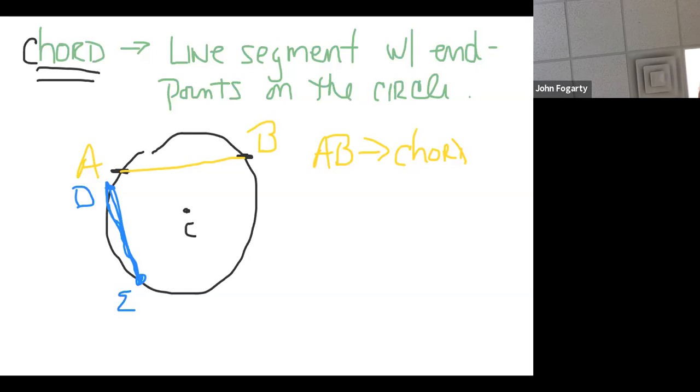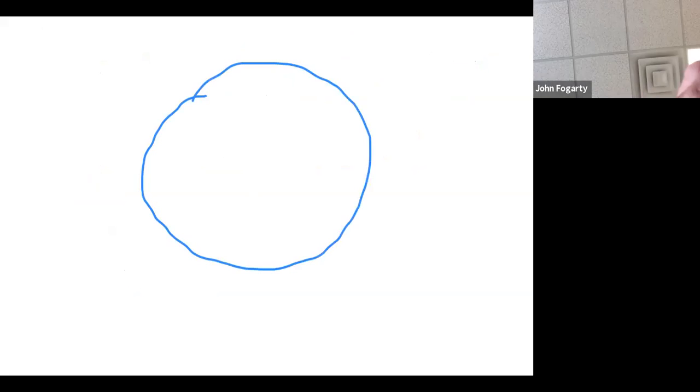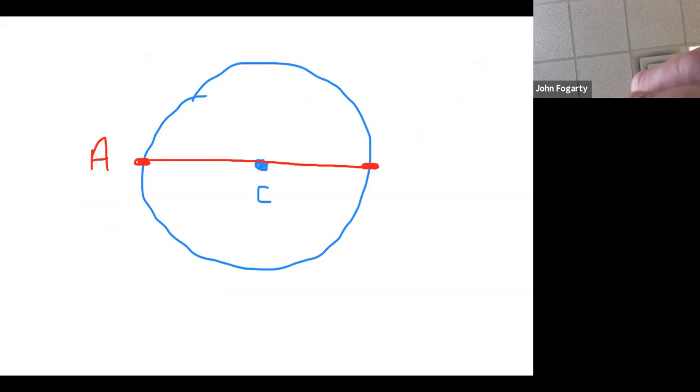Now, so we know what a chord is. It's a line segment. Now, who knows what special chord we're going to talk about next? Yeah, very good. Here is a picture of a circle, and there's the center. We'll call it circle C. Now, there are some segments that we would consider chords because what do you know about A and B?